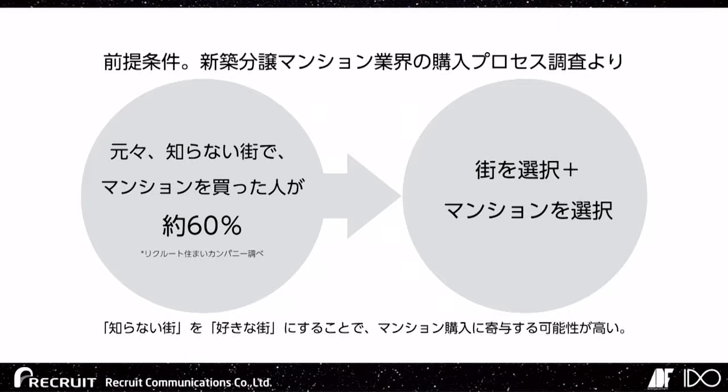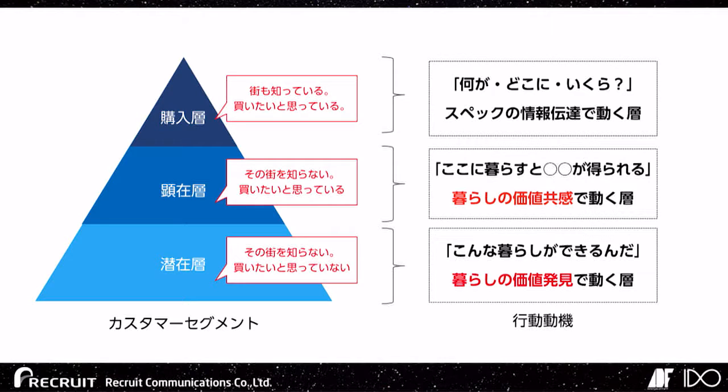It's actually written very small. But if you love this town when buying this apartment, then the assets are going to be more valuable. So there's the customer segment and the motivation of these customers.